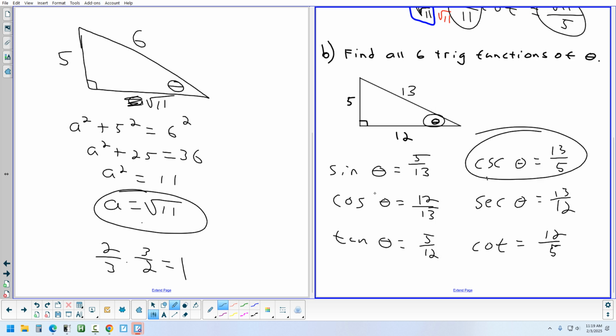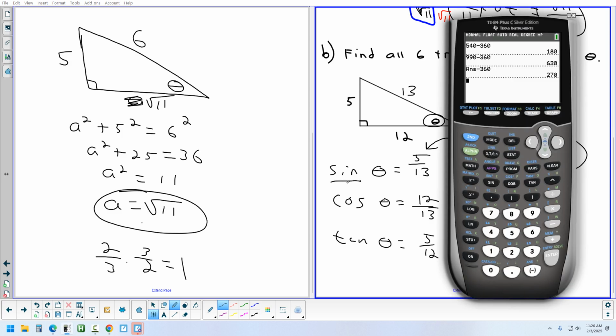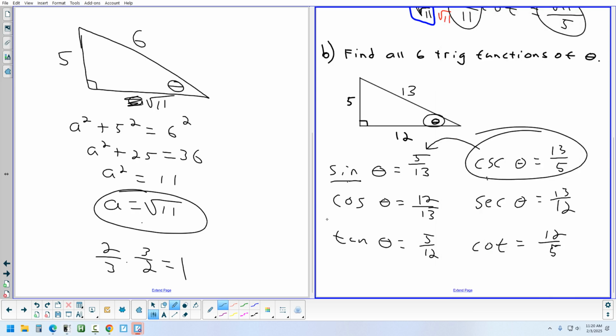But if I tell you the cosecant, that automatically allows you to figure out the sine. You just flip it. If you know a piece of information about the sine, that's good, because you have a button on the calculator for sine. So a lot of times we have to take one of these pieces of information on the right and convert it into one of the pieces on the left if we have to do something on a calculator.